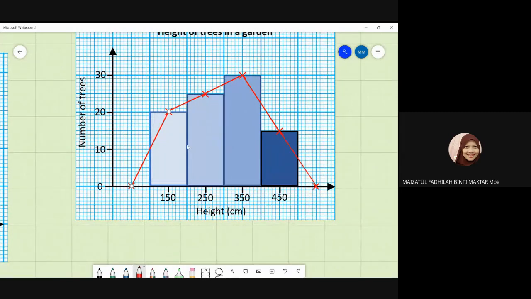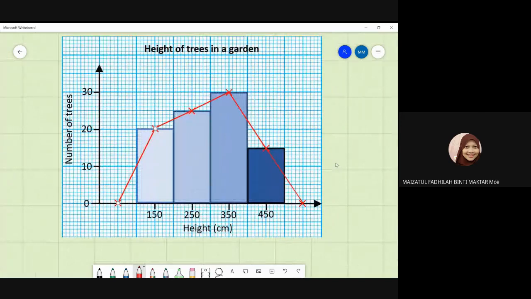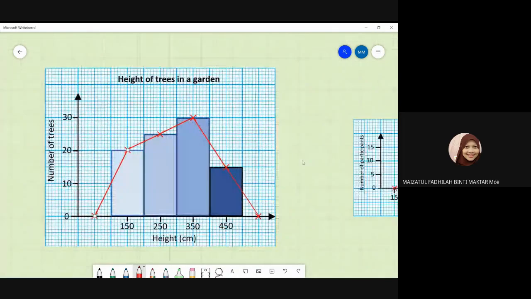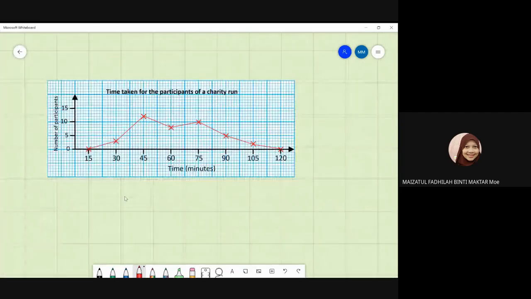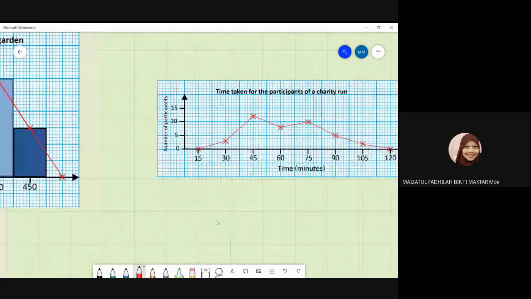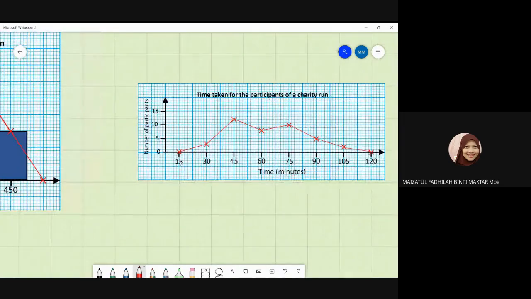polygon. But sometimes a frequency polygon does not have the rectangular bar chart like this one. This one is directly marked at the middle of the level on the horizontal axis. You see, right? This is at the middle here.